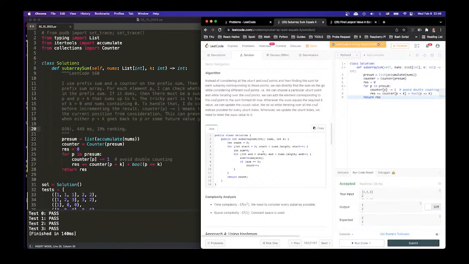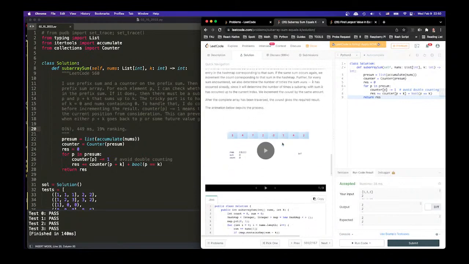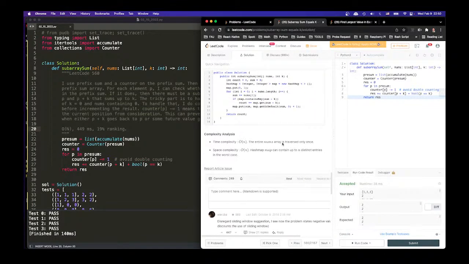Right, so we have the starting position, and then we just keep adding, and then we move to the next starting position, and then I keep adding. Yeah, this is like the naive solution, and this is O(n squared).